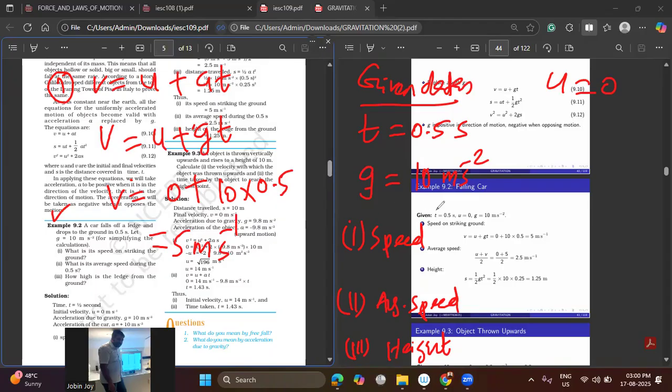Then the second question is average speed. Average speed is equal to initial velocity plus final velocity divided by 2.